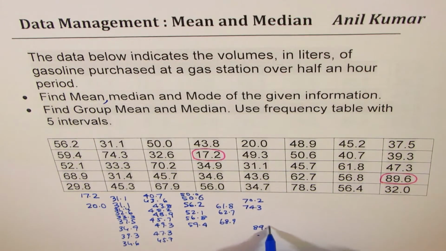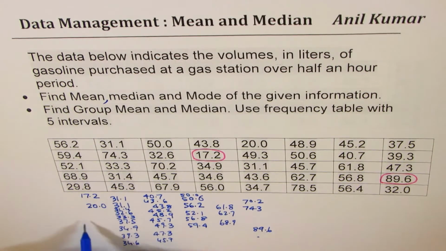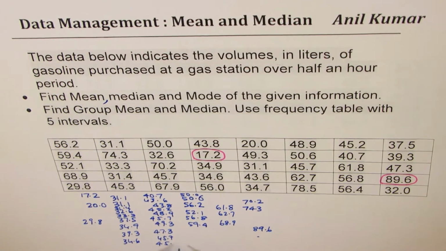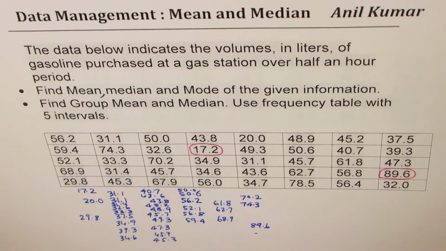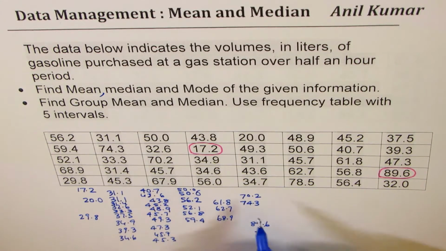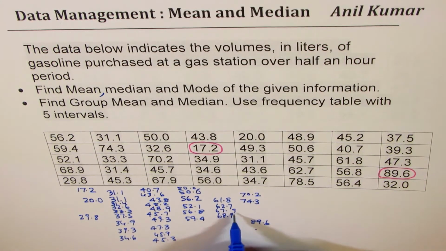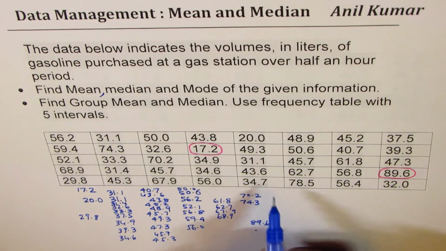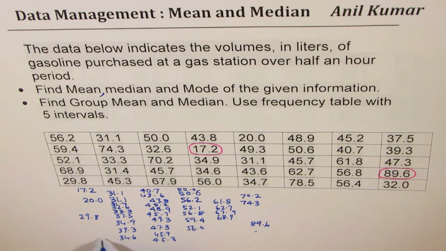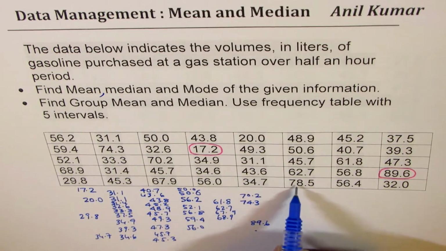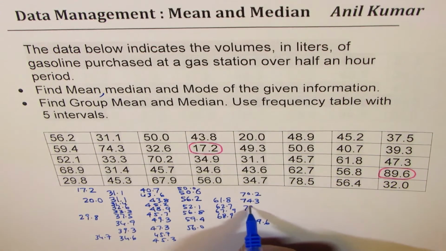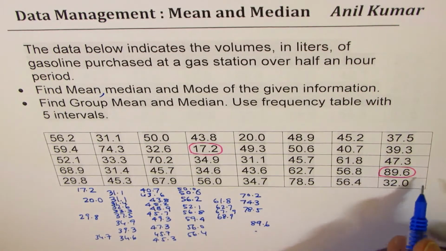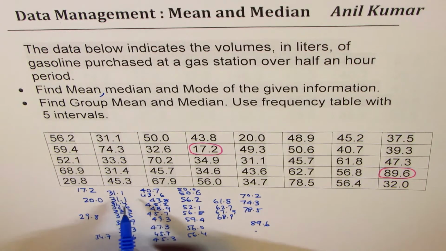89.6. 29.8. 45.3. 67.9. 56.0, let me write here. 34.7. 78.5. 56.4. 32.0, so squeeze it in here.